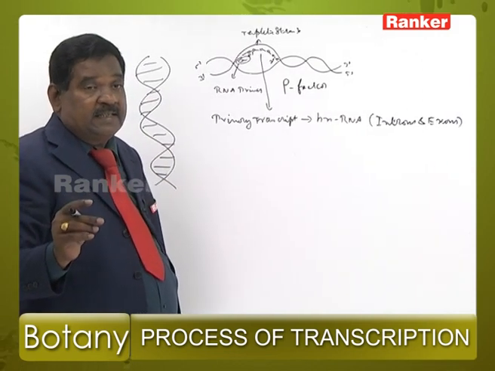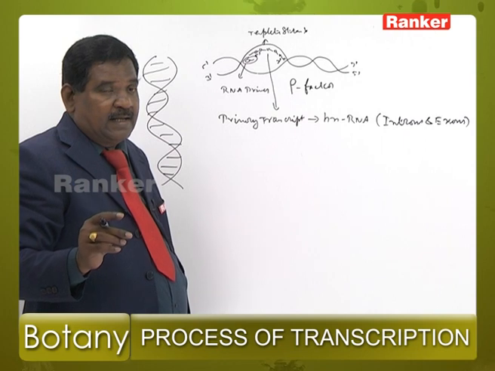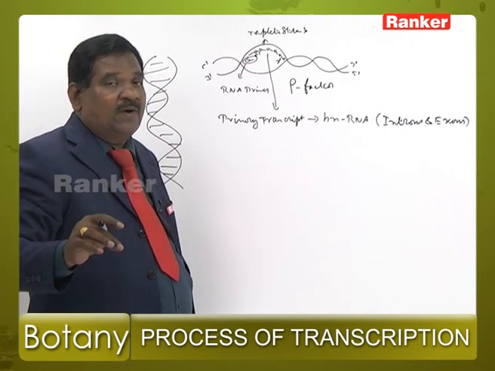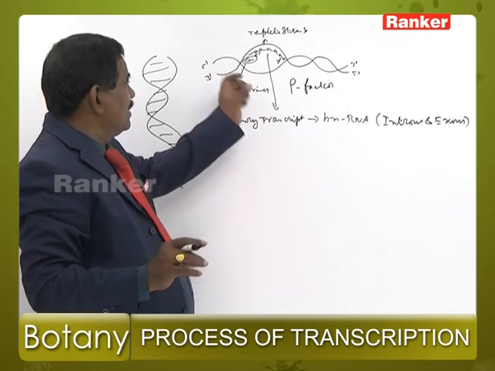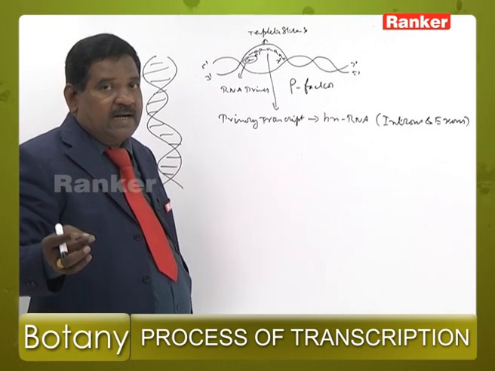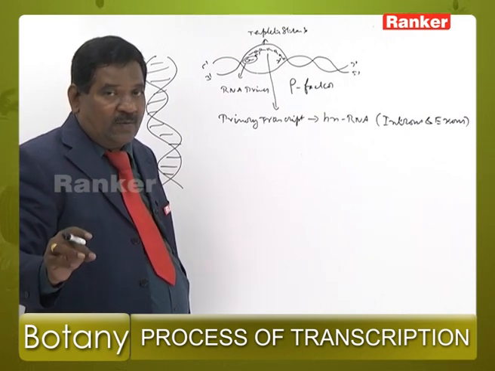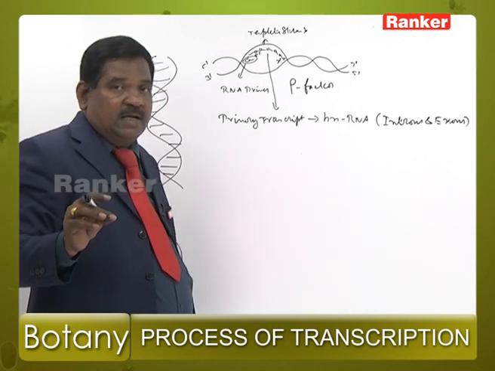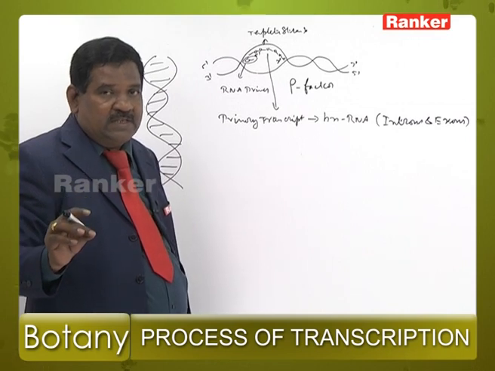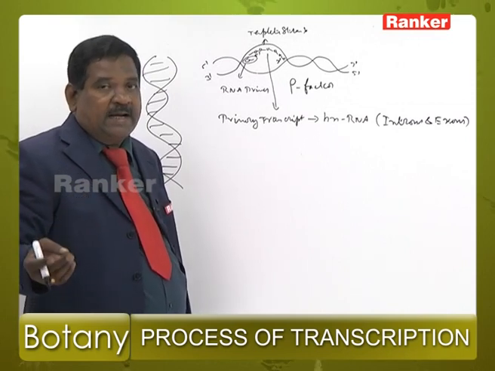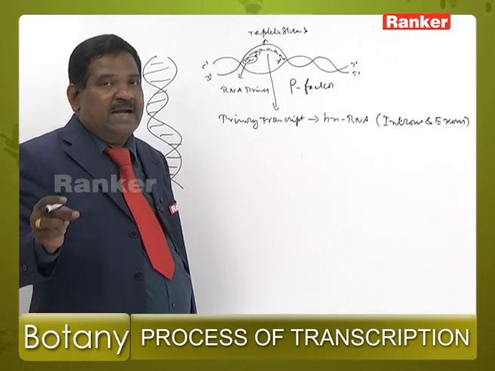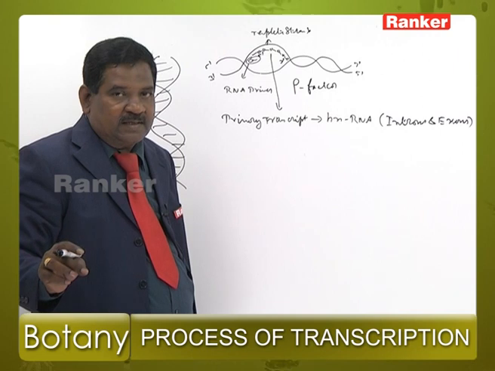Split genes are regions where unrequired sequences are interspersed with required sequences. Unrequired nitrogen base sequences are called introns, and required sequences involved in coding are called exons.